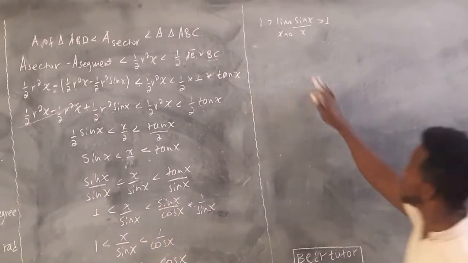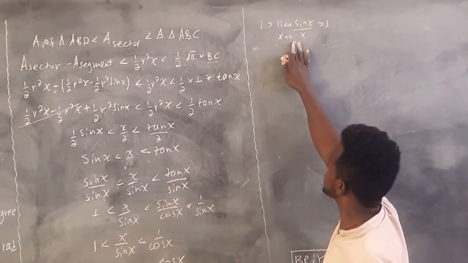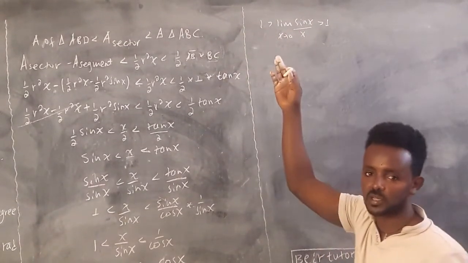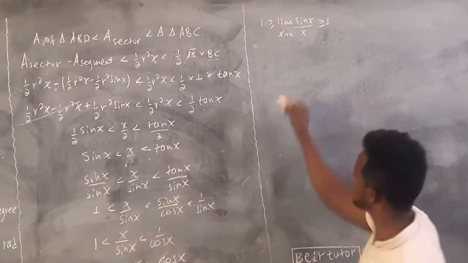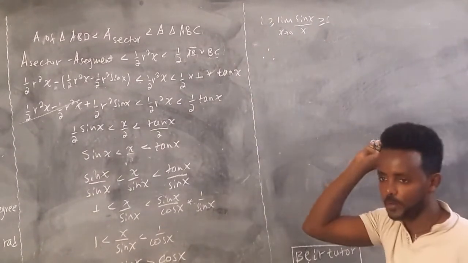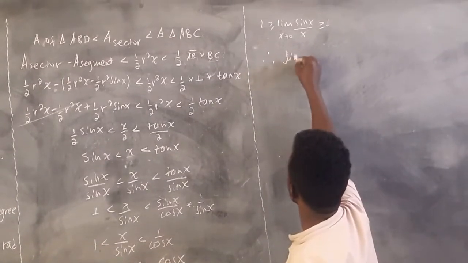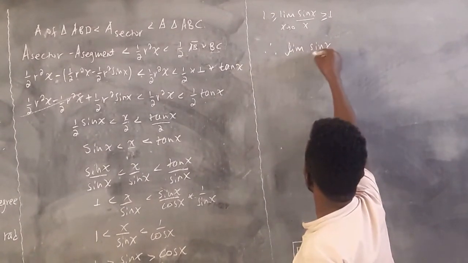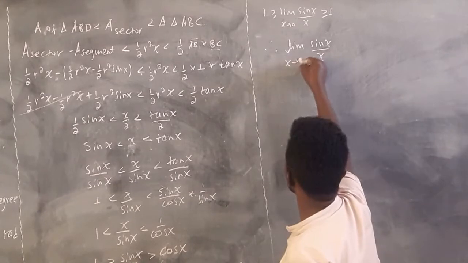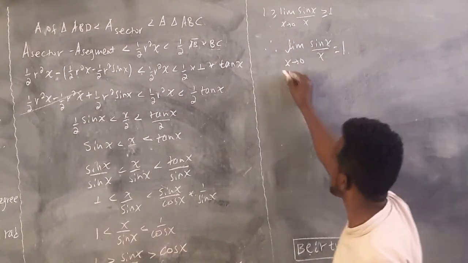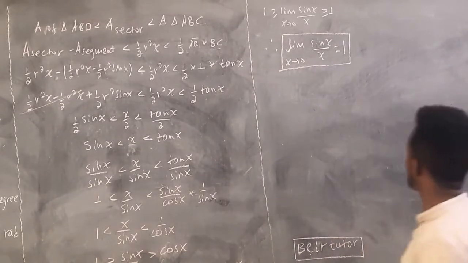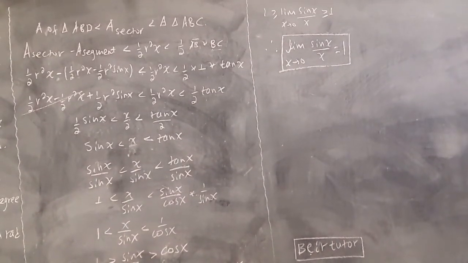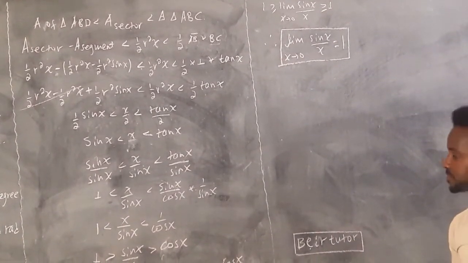As you can see, the limit of sin x over x as x approaches 0 is in between 1 and 1, so we can conclude that the limit of sin x over x as x approaches 0 is 1.